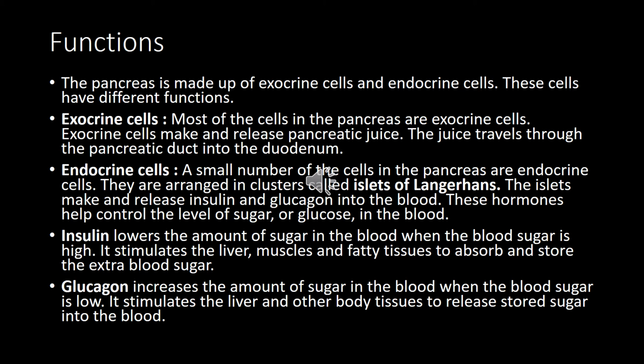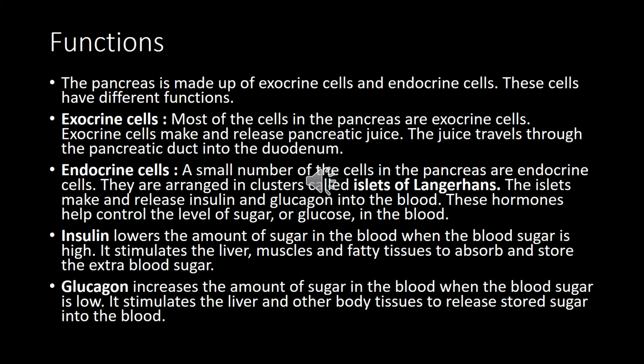The endocrine cells of the pancreas have a specific arrangement. These clusters of cells are known as the islets of Langerhans, and they produce two types of hormones, insulin and glucagon, which act when there is fluctuation of the blood sugar level in our body, and help to control the level of glucose in the blood.